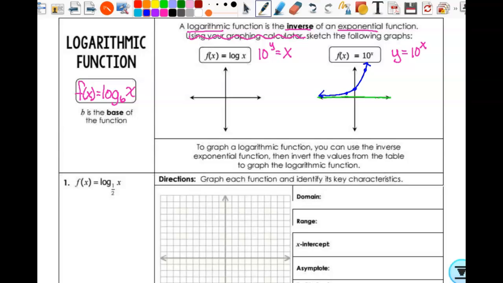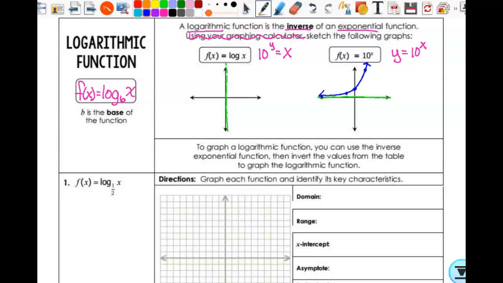All right, so if these two are inverses of each other, then when x and y switch places, my asymptote at y equals 0 becomes an asymptote at x equals 0. So for a log, we have a vertical asymptote at 0. Then we'll go through each of our points.